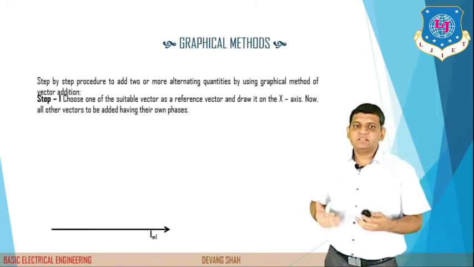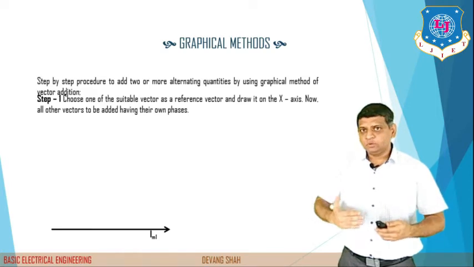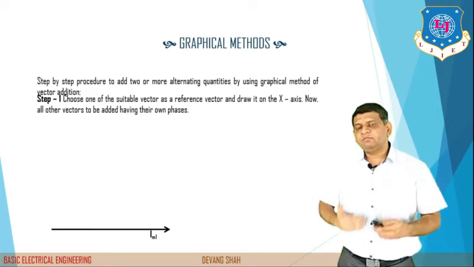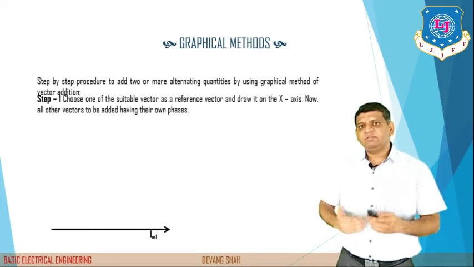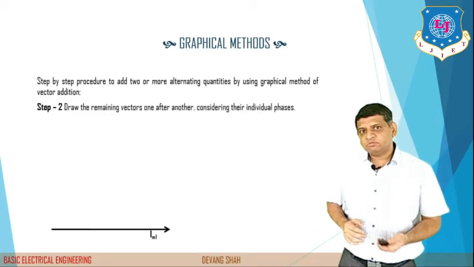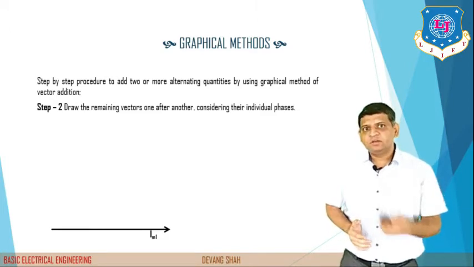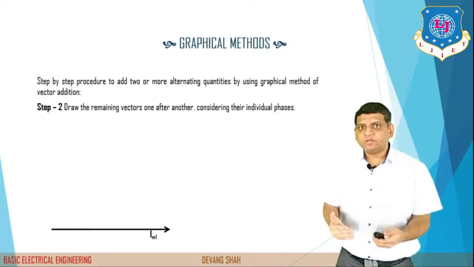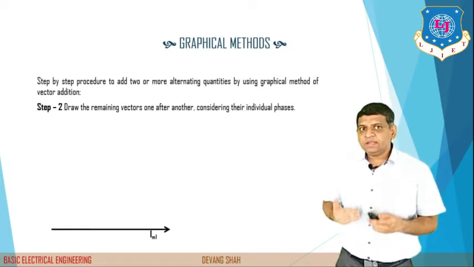Let's say this vector starts at the reference angle 0, and its magnitude we define as Im1. In the same way, I am taking another vector with reference to the first vector. Draw the remaining vectors one after another, considering their individual phases.